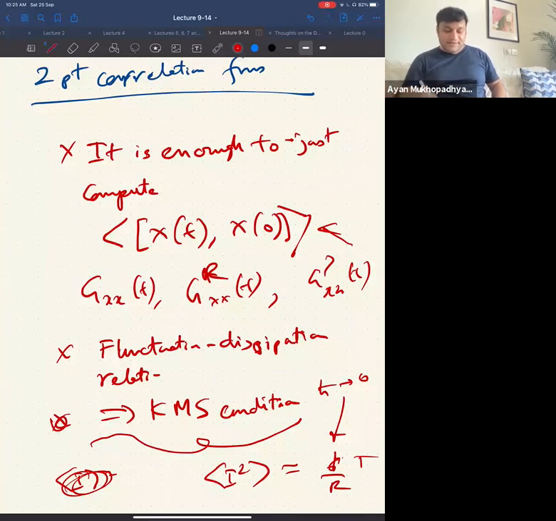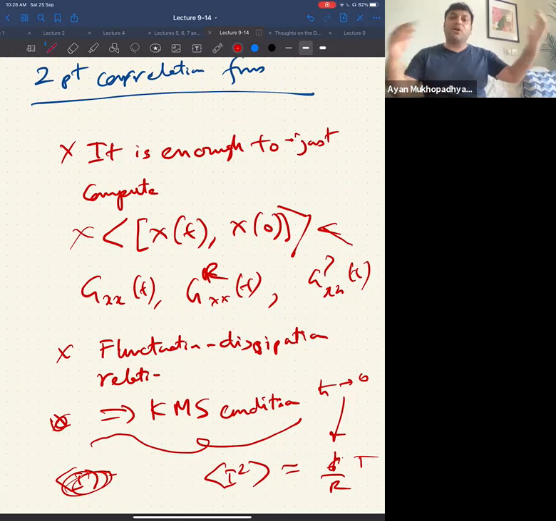So actually, these two statements are related. The statement that everything can be obtained from the commutator is equivalent to these statements. Okay, and this is a very fundamental, extremely fundamental thing, and it is at the heart of understanding. Now, why is this important to understand?